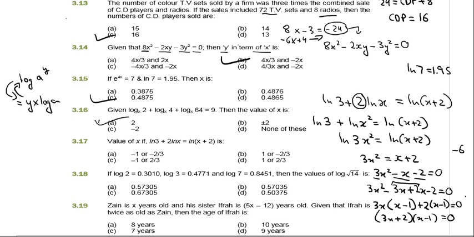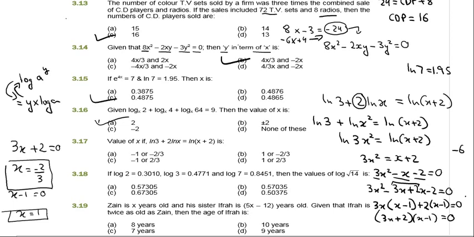Now 3x plus 2 is equal to 0, therefore x is equal to minus 2 over 3, and if x minus 1 is equal to 0, x is equal to 1. Therefore, my two answers are x is equal to 1 and x is equal to minus 2 over 3, which means that 3.17 is B. B is my correct answer.